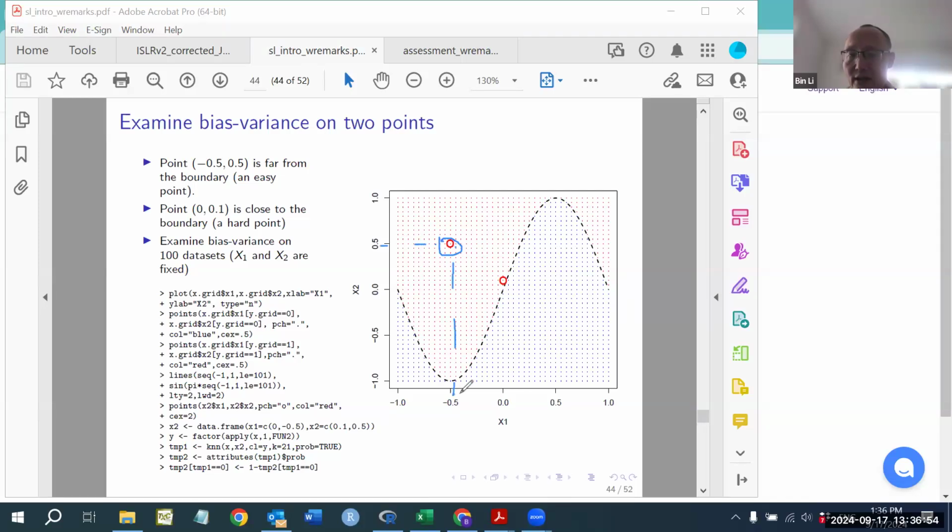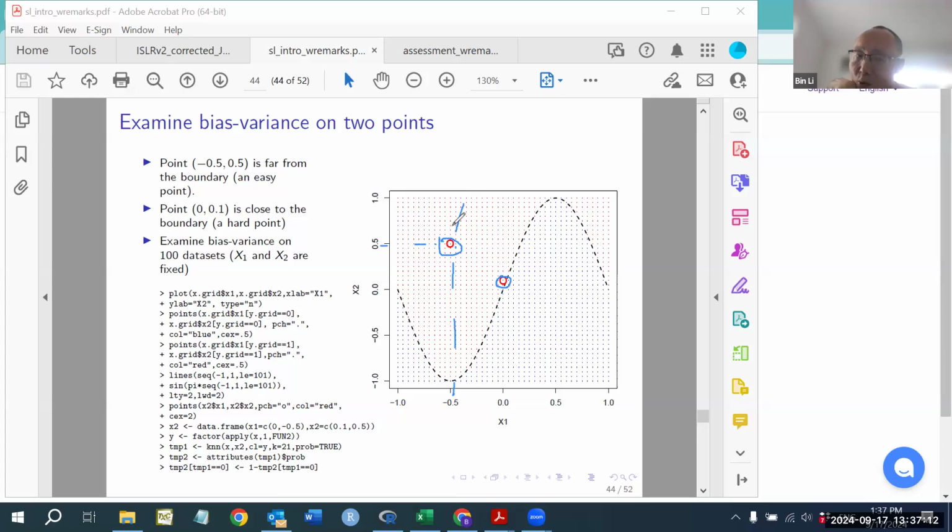So this is one point. Another point is here, 0 at x1 and 0.1 at x2. So which one is easy to classify?